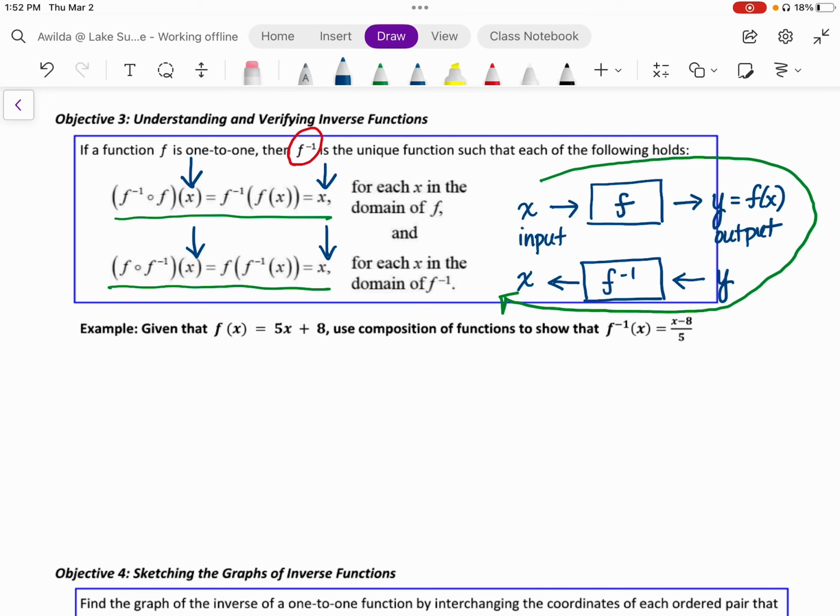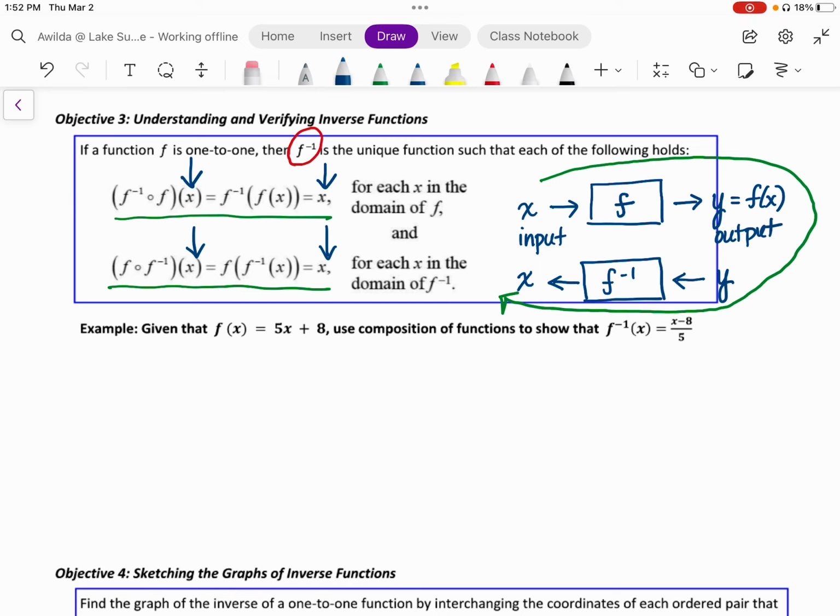So if you think about an inverse function as a function that reverses whatever actions were applied to x to begin with, this should help you understand conceptually that composing a function with its own inverse will get you back to your original input of x.